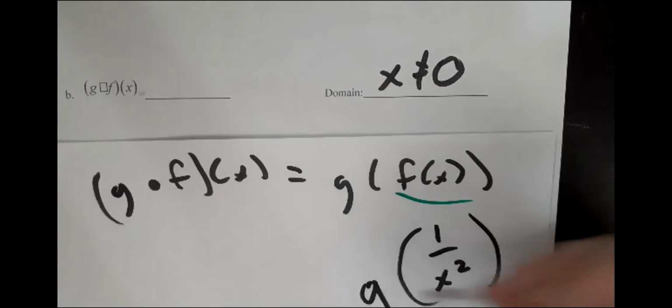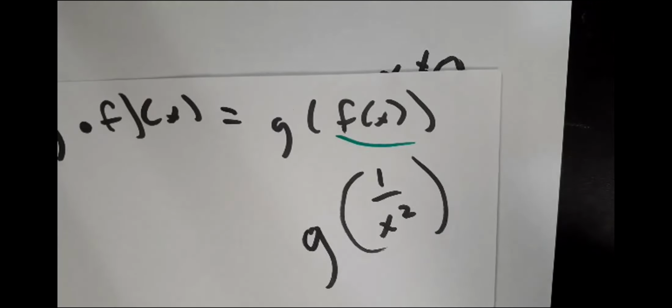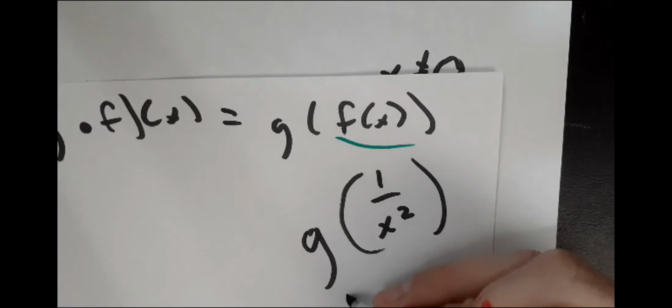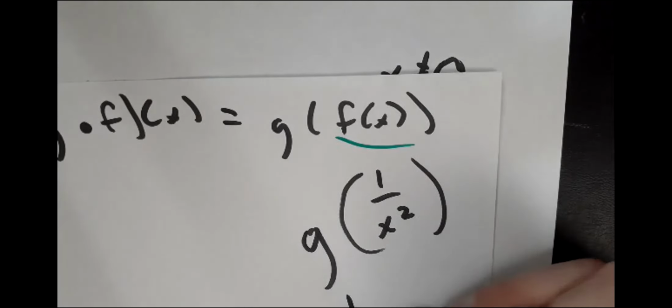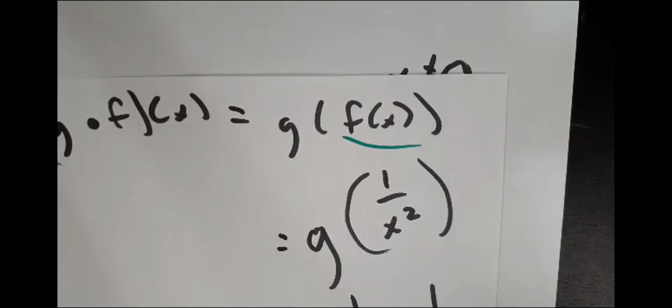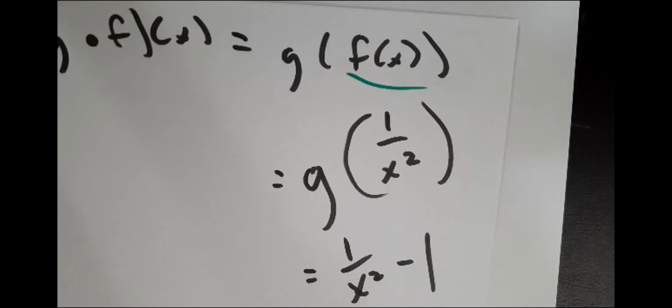And so now I'm going to plug this thing into g. g says I take x minus 1, so I take this thing that looks like 1 over x squared, and then I'm subtracting 1. Okay, so this thing looks like 1 over x squared, and we're subtracting 1.